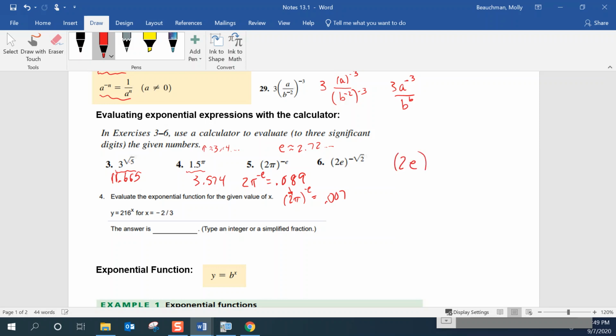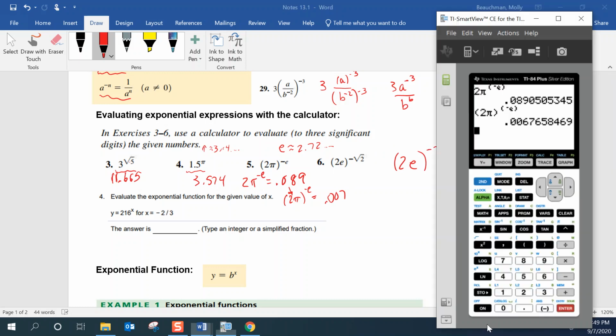We want to make sure we put the 2e in parentheses because we're taking that entire expression to the power of negative square root of 2. So I've got parentheses 2e, there's the e, to the power of, I'm going to put parentheses around it, negative square root.